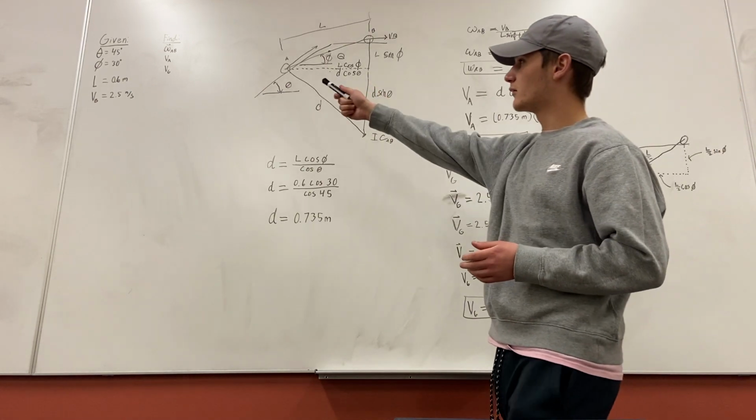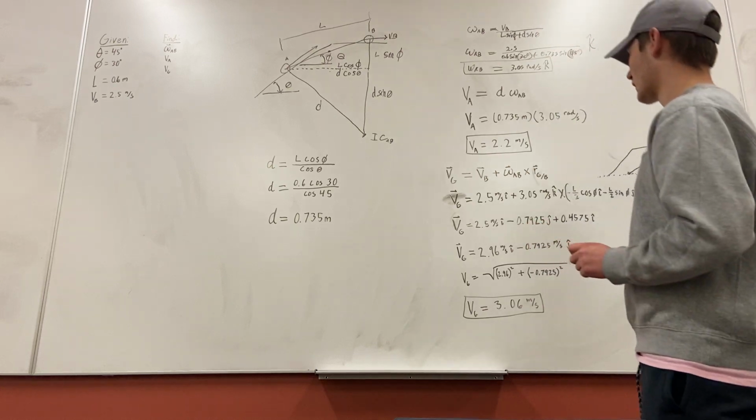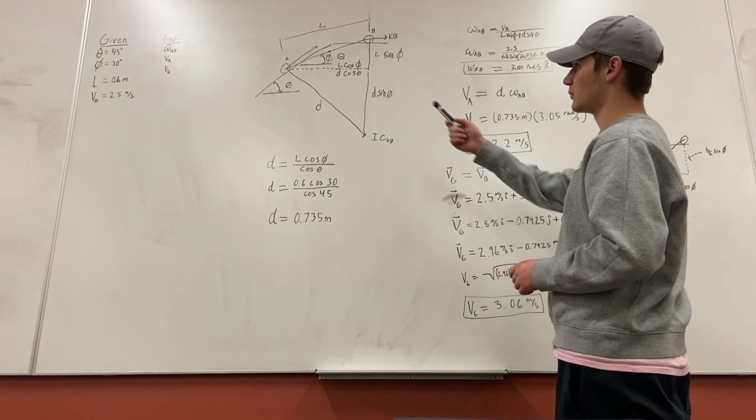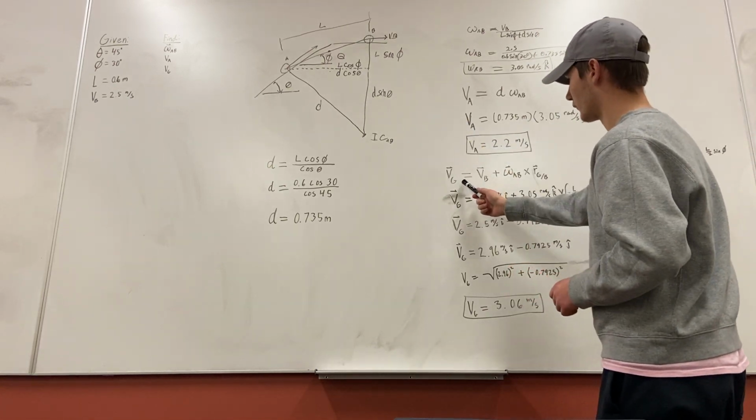Then next we try to find VG, and we have the relation of VG to VB, which is given.